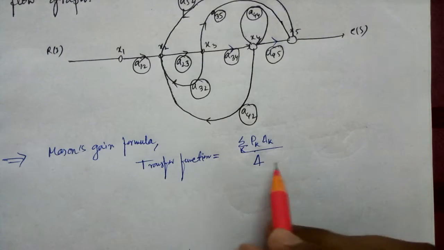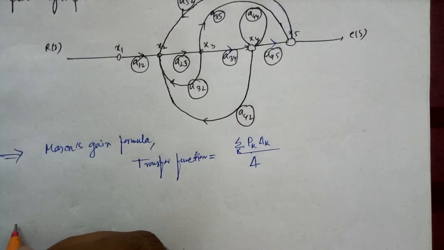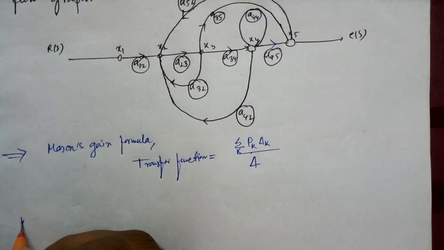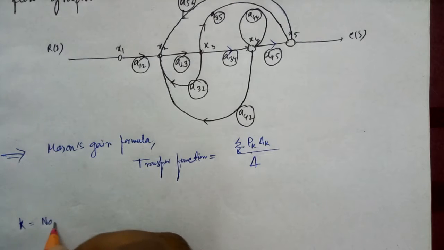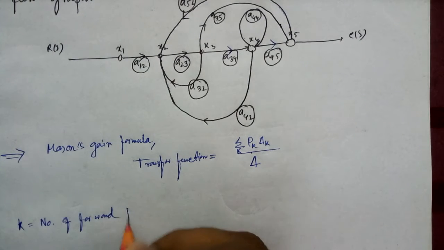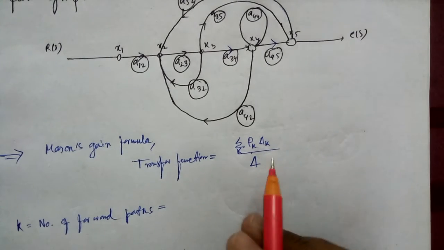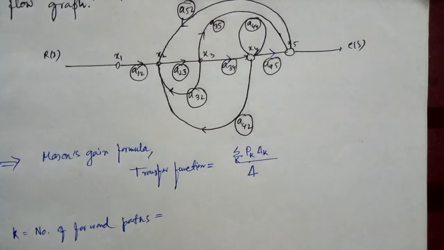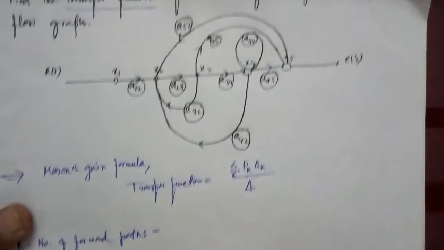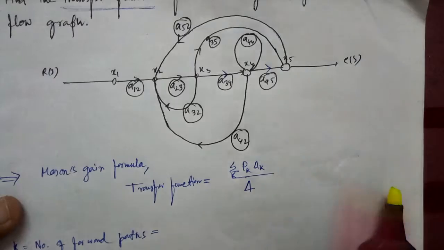So first of all, let us find the number of forward paths, k. Let's see how many forward paths are there in this signal flow graph.